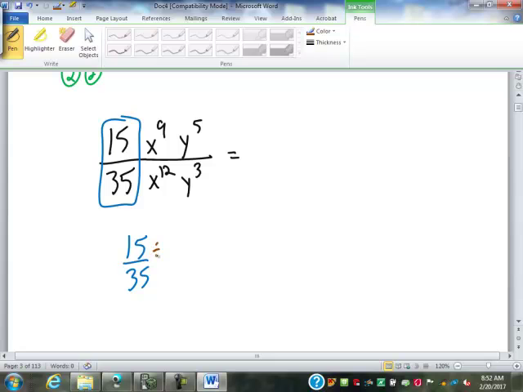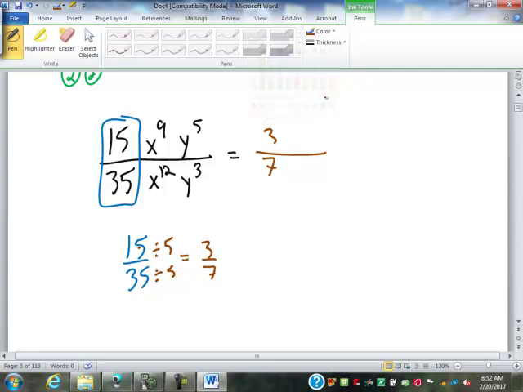Both of those can be divided by 5, which would give us what? 15 divided by 5 is 3. 35 divided by 5 is 7. So that's going to give us 3 over 7.